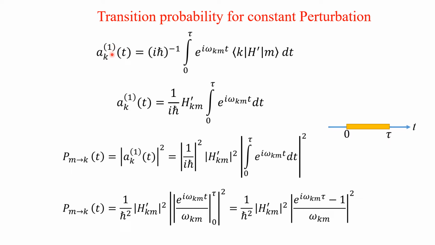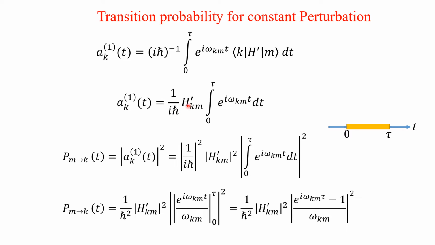That is a_k^(1)(t) is equal to (iħ)^-1 integrated over 0 to tau of e^(iω_km t) ⟨k|H'|m⟩ dt. Here we are perturbing the system at the time t equal to 0, and we are keeping the perturbation up to time tau. So we have put the limit 0 to tau.